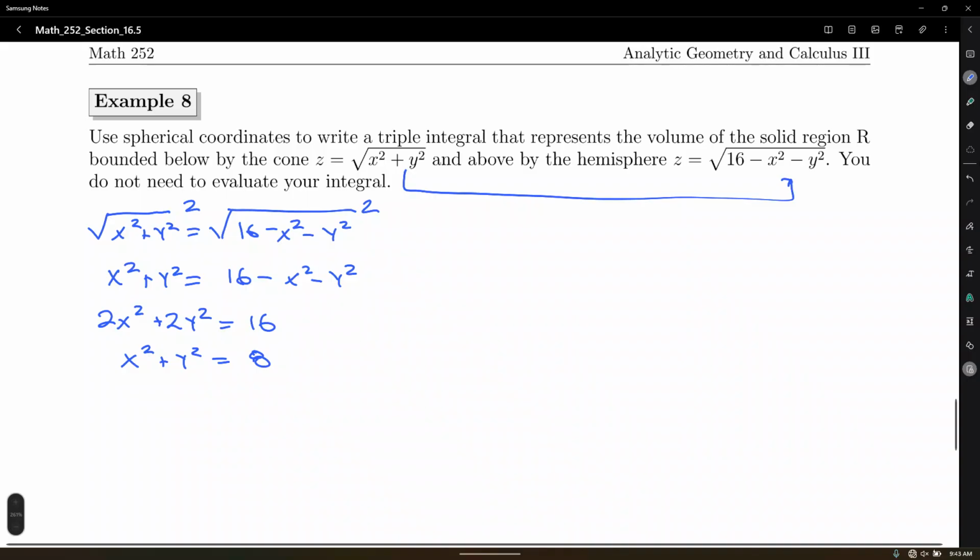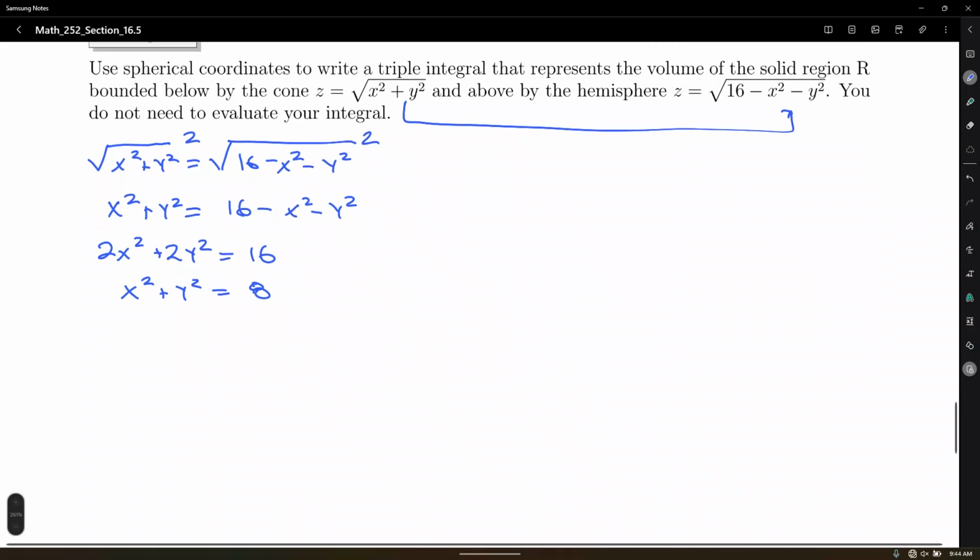That should make sense, because even without looking at GeoGebra, think of a cone and the ice cream at the top. Don't they intersect forming a circle? Then slam that circle onto the xy plane, and it's going to be the same circle, x squared plus y squared equals 8, radius root of 8.